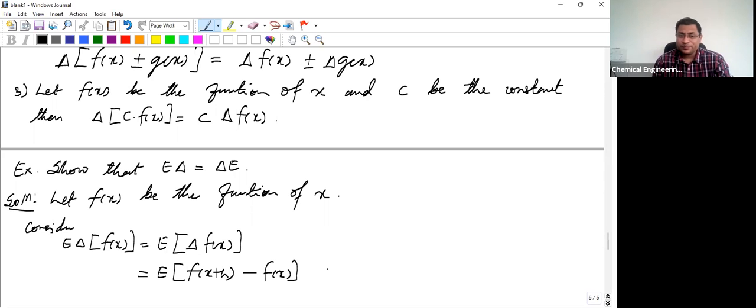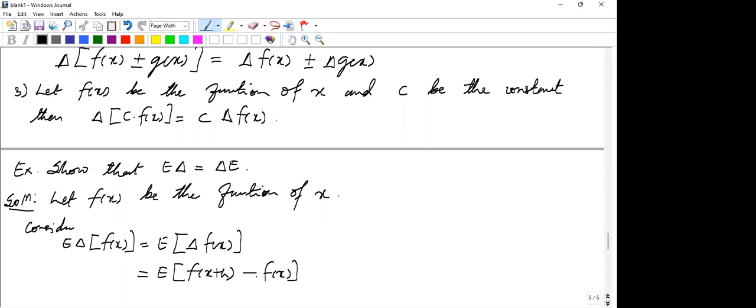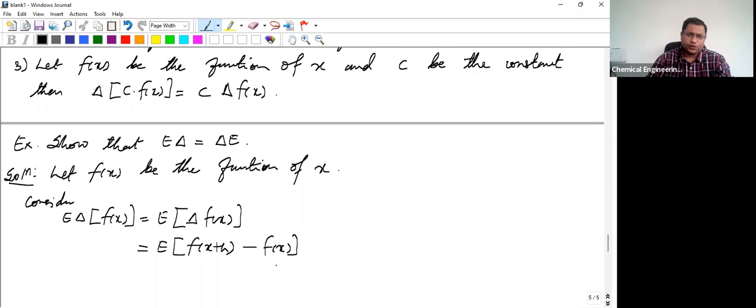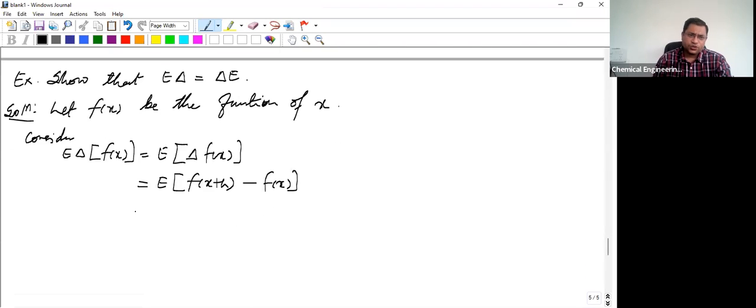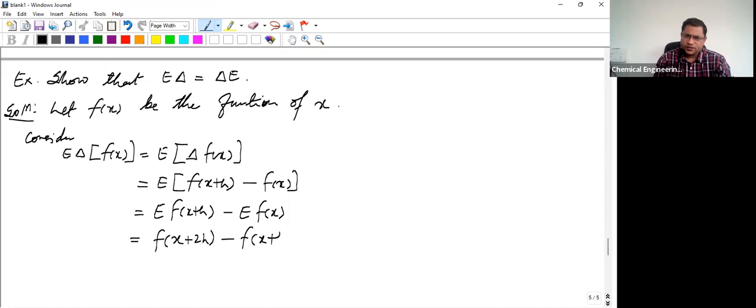Is that okay? Yes, sir. As we know, this is a linear operator, so we can say shift of f of x plus h minus shift of f of x. We can write this as f of x plus 2h minus f of x plus h.